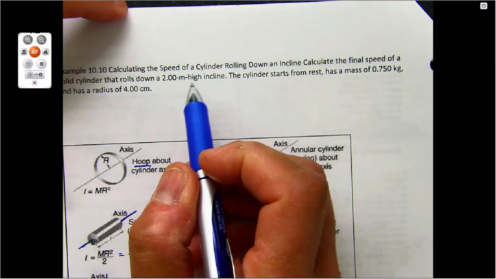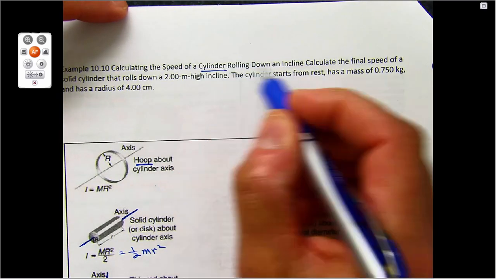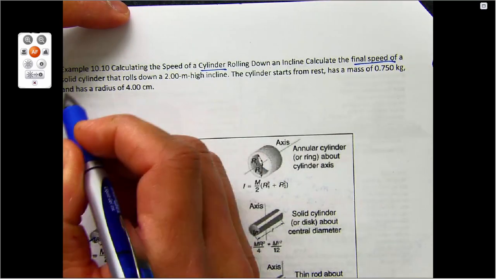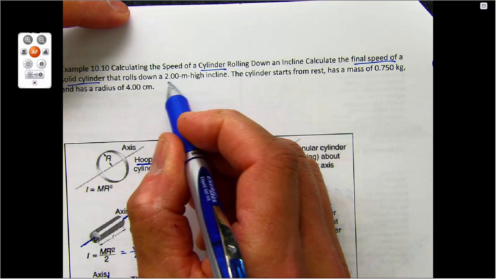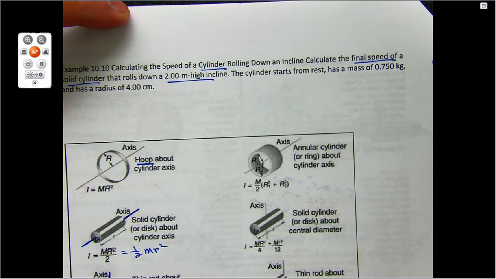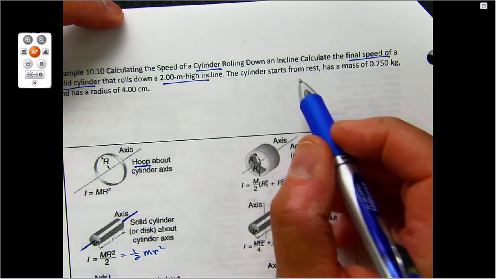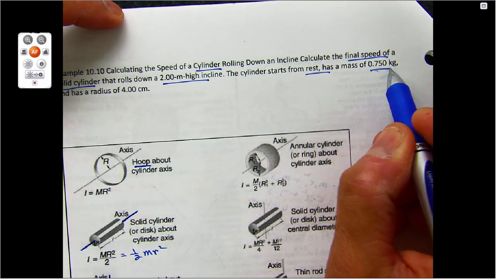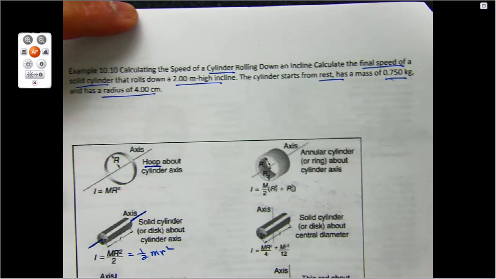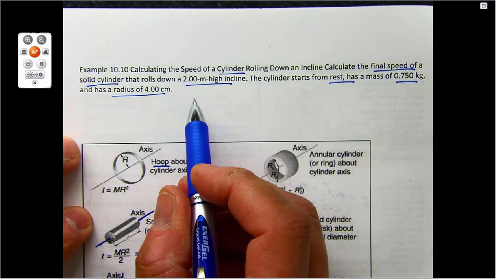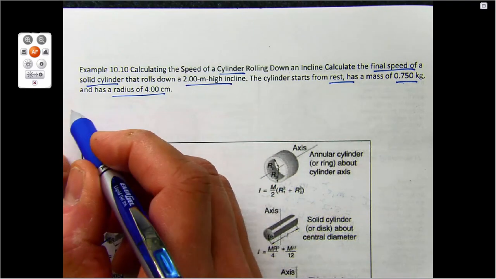So calculate the speed of a cylinder rolling down an incline. Calculate the final speed of a solid cylinder that rolls 2 meters down a 2-meter high incline. The cylinder starts from rest and has this mass and radius. So we have a cylinder, 2-meter high incline.